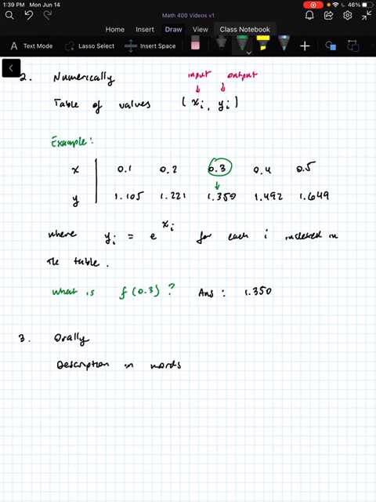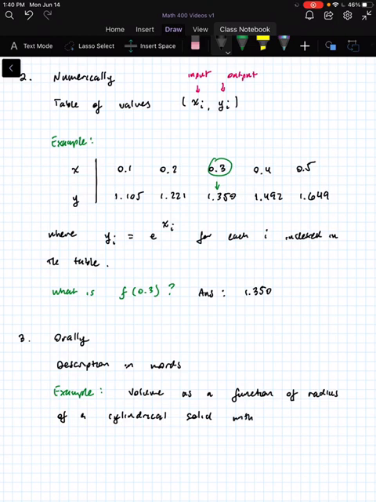So for instance, a good example might be when you're describing volume as a function of radius of a cylindrical solid with fixed height h.